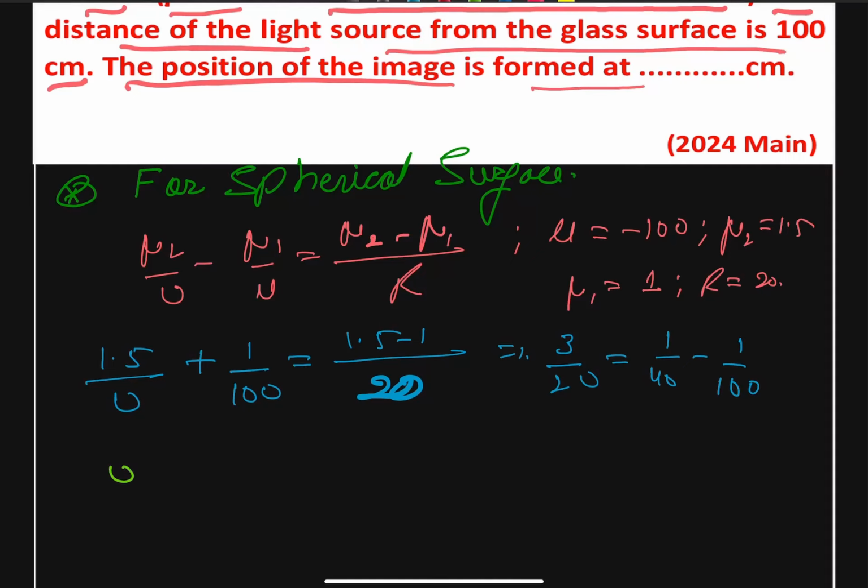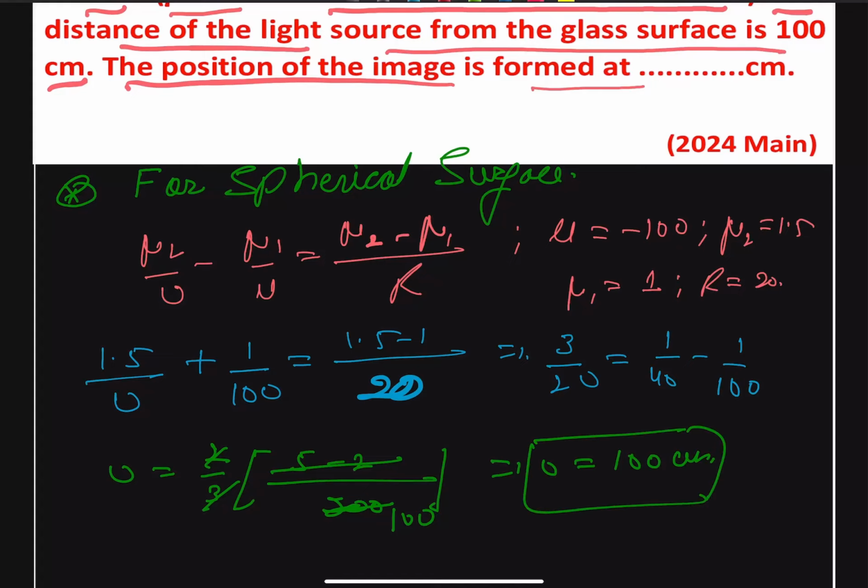Therefore, our v will be equal to 2 by 3, and here we can write that our LCM will be equal to 200, and this comes as 5 minus 2, that is 3, so this goes away and this goes by 100, so we get our v is equal to 100 centimeters. Next question.